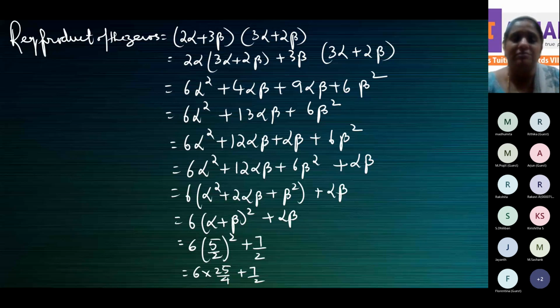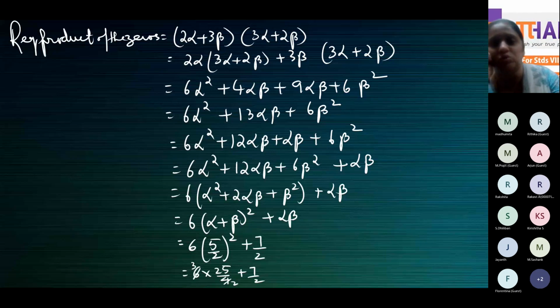We have understood this earlier, that we always want everything in terms of alpha plus beta and alpha beta. So what's the value, children? Simplify. 6 into 25 by 4 is 75 by 2, plus 7 by 2.